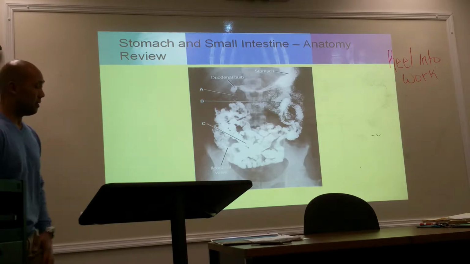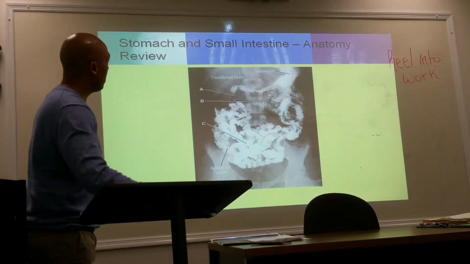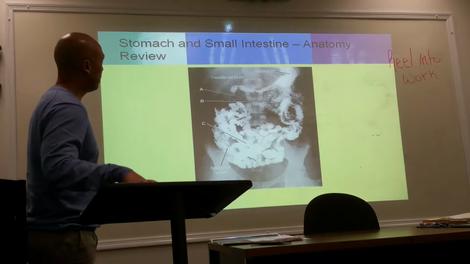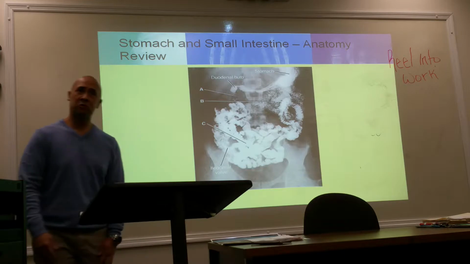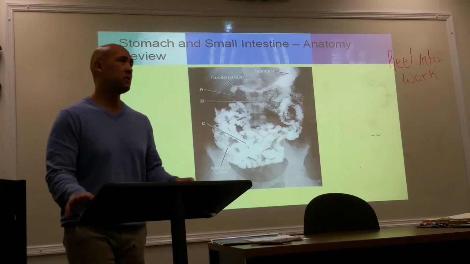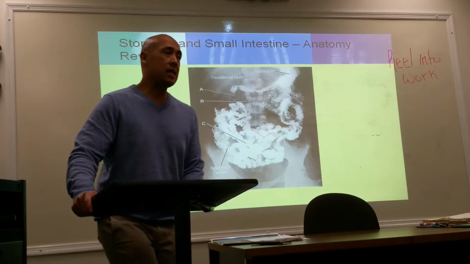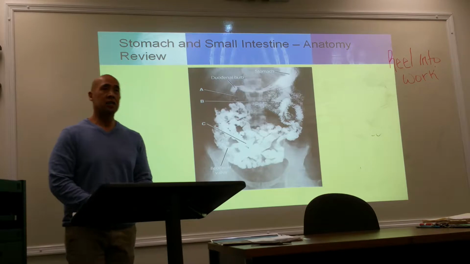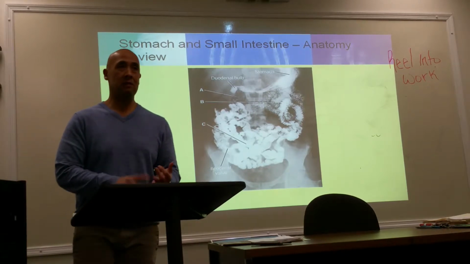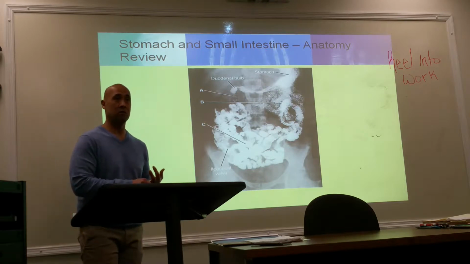So here we have an upper GI and small bowel series with the digestive tract filled with barium. Are you familiar with what barium is? Barium is one of the contrasts that we will use in visualizing the different structures. We use contrasts like iodine for vessels and barium for the digestive tract because it mimics that of bone.